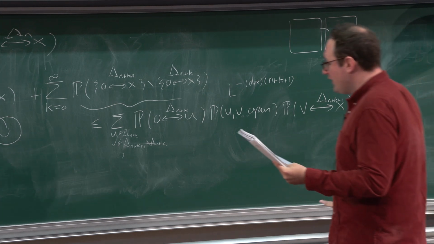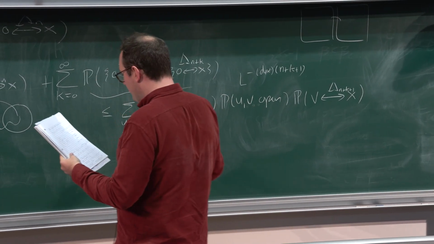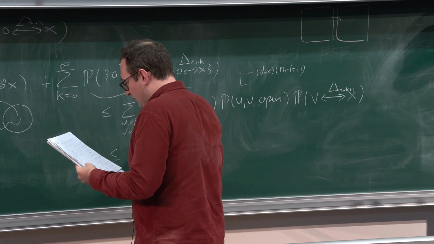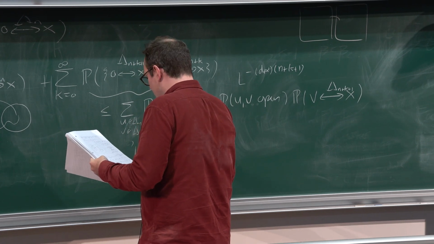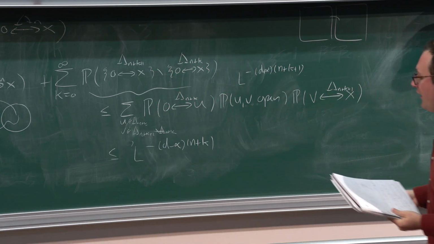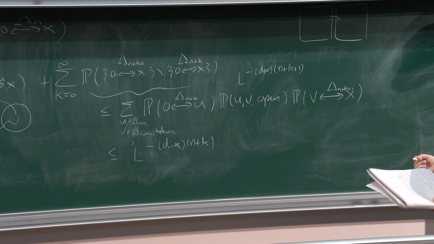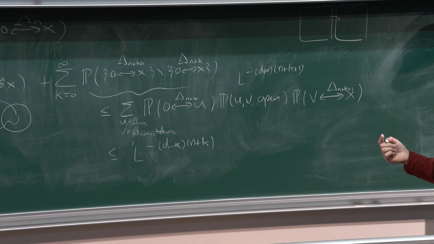So when you apply the bound and do the algebra, you get L to the minus d minus alpha times n plus k. And because alpha is less than d, this just gives you a convergent geometric series when you sum over k, and then you're done. And that's it.